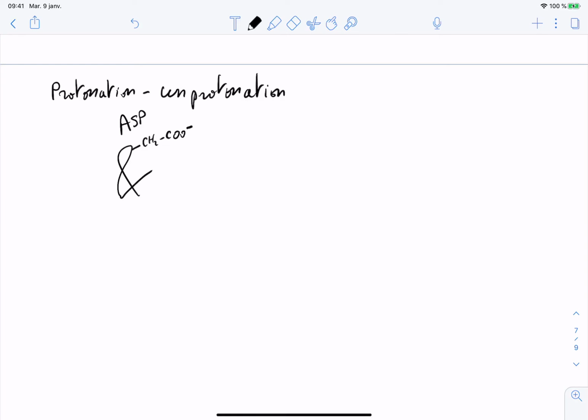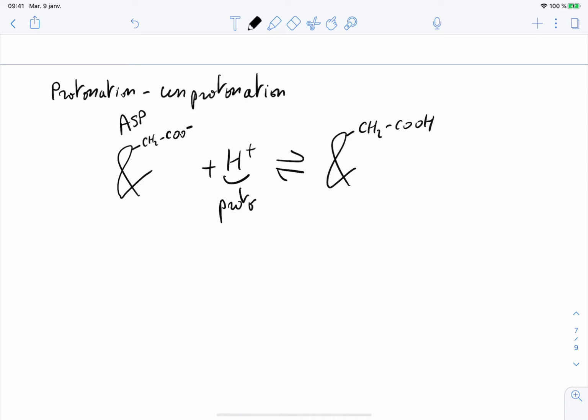And so you can have an acid-base reaction with aspartic acid, and here this aspartic acid can react with an H+, and you have an equilibrium here, and you could have obtained this COOH. And this is a protonation, unprotonation reaction. So the H+ is a proton. Here you see that you have a CH2COO minus.